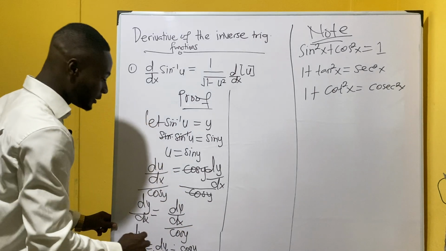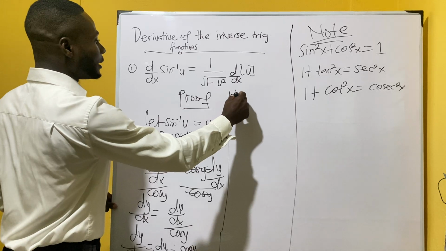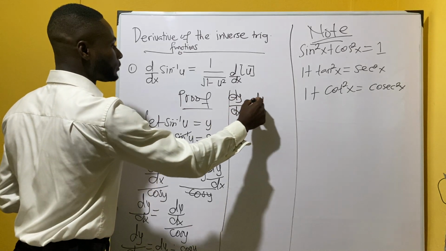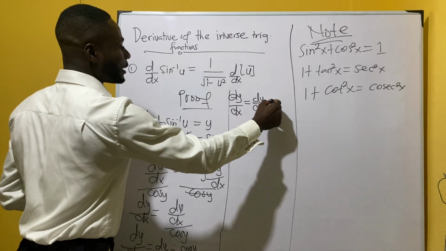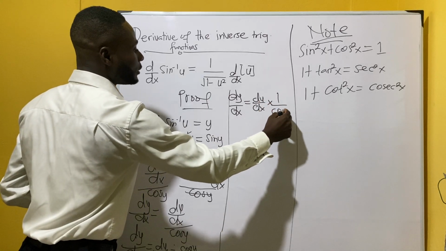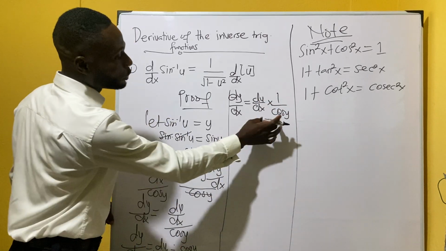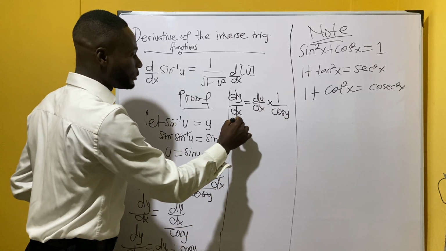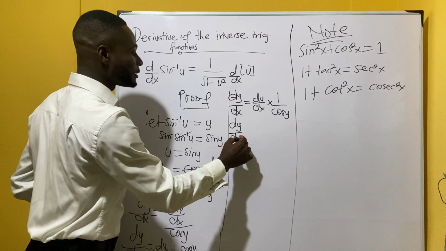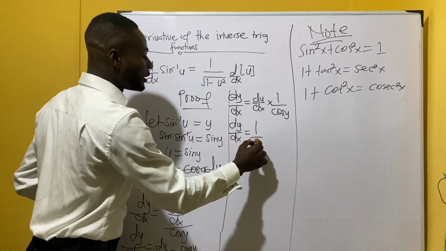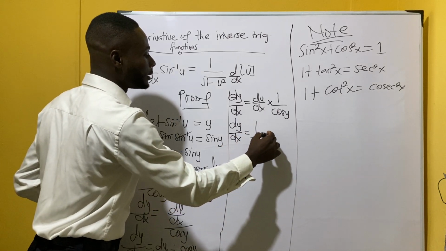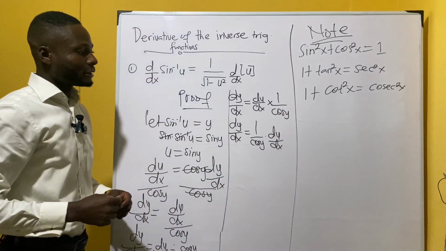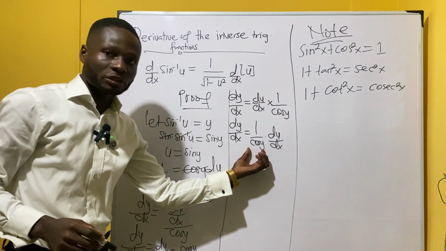So we can say that we have dy dx equals du over dx times 1 over cos y, right? So we have dy over dx equals 1 over cos y times du over dx. Right. So right here, we have cos y.